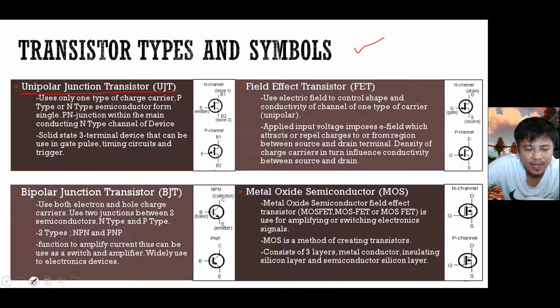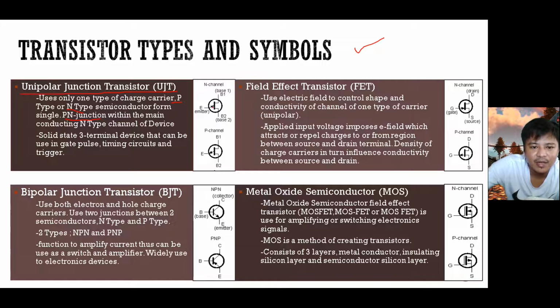So let us discuss each. So the unipolar junction transistor, or UJT for short, uses only one type of charge carrier, P-type or N-type semiconductor from the single. So the PN junction within the main conducting N-type channel or device. So this is a sample.